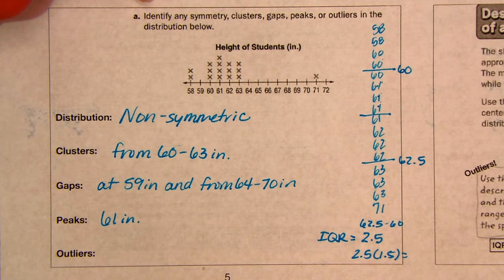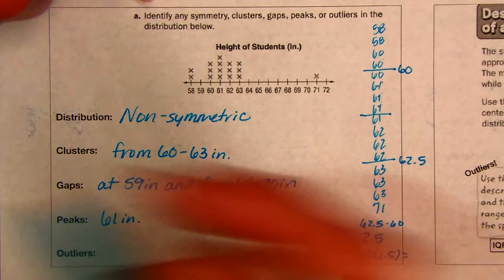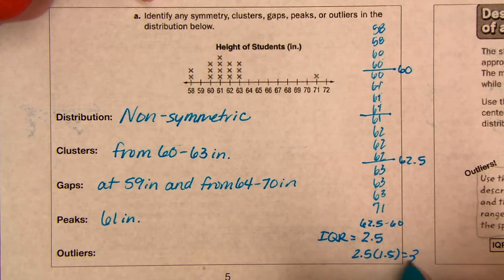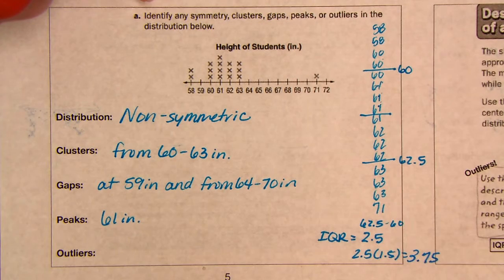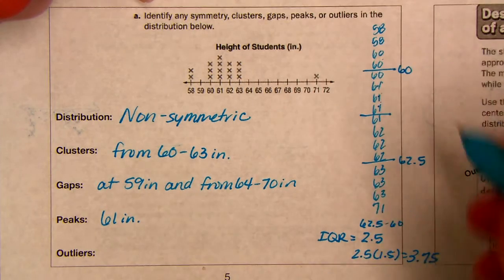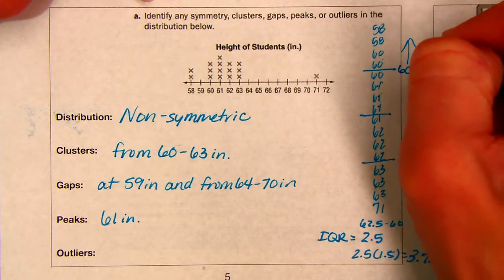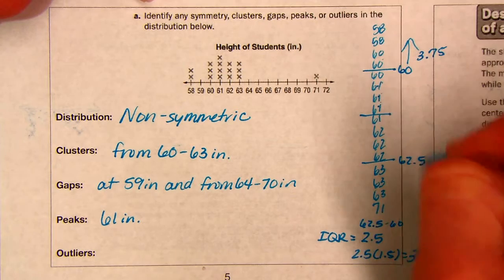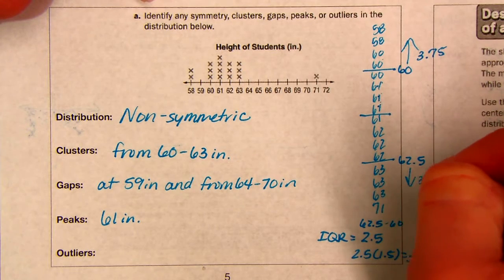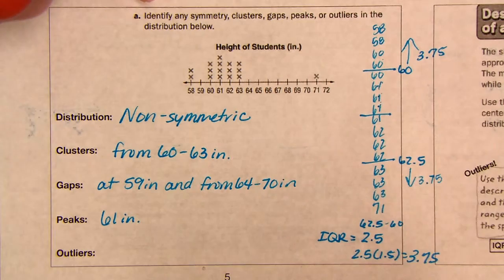Now, what that means is if I have a point that is 3.75 below 60 or 3.75 above 62.5, then that would be an outlier. We don't have one down here, but this up here is definitely, for sure, an outlier.